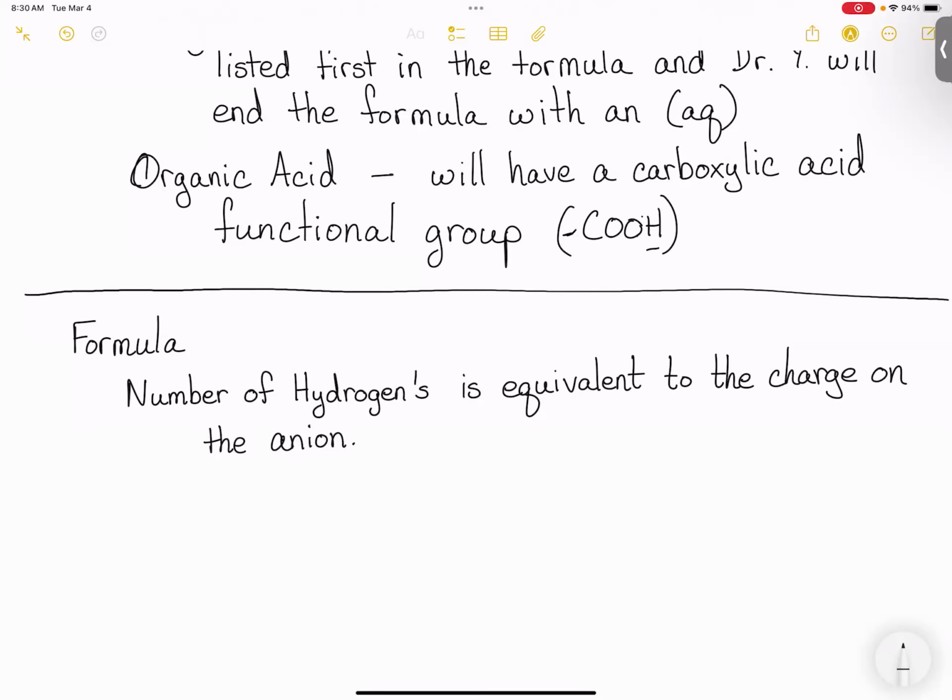Here is where, once again, you have to know your anions of your elements. You have to know your polyatomic anions, because if you don't know your polyatomic anions, you're not going to get the number of hydrogens correct.